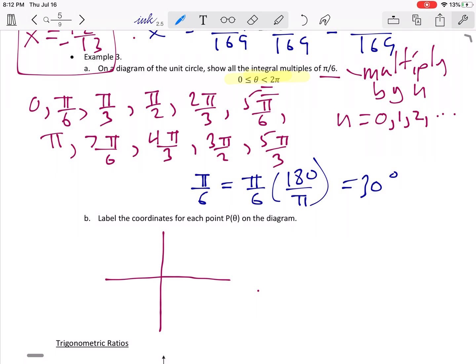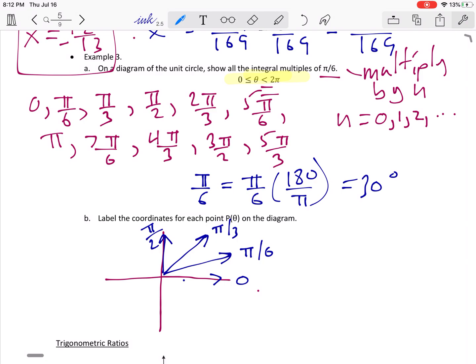So basically what that means, let's look at quadrant 1. Okay, so quadrant 1, here's your 0. Okay, so just going that way, and then this would be your pi over 6. This would be your pi over 3, and this would be your pi over 2.